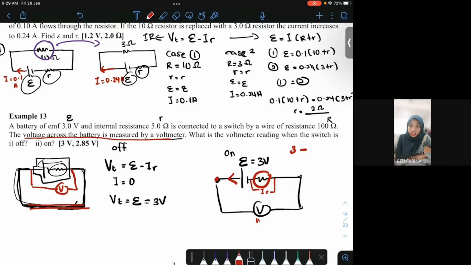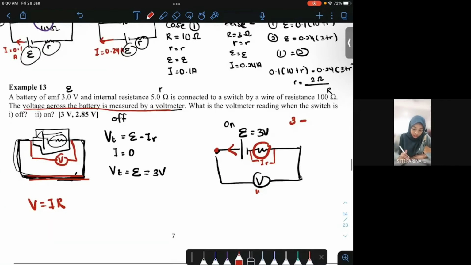So, kena cari current dulu sebab current tak diberi dalam soalan. So kita akan guna informasi V is equals to IR, dan kita akan guna untuk circuit di luar ni sebab V ini we are talking about terminal voltage.